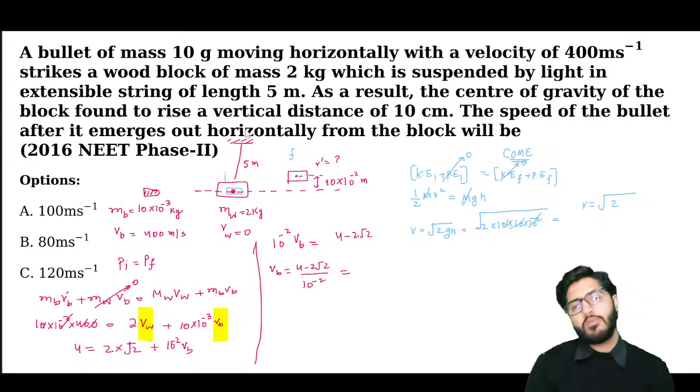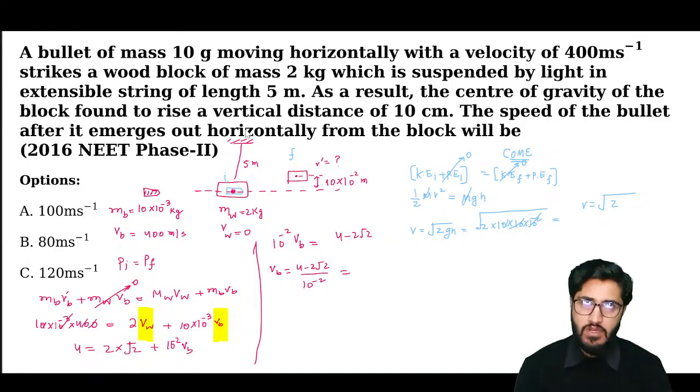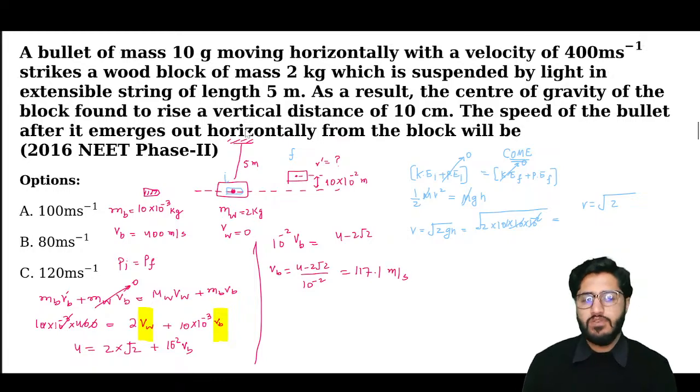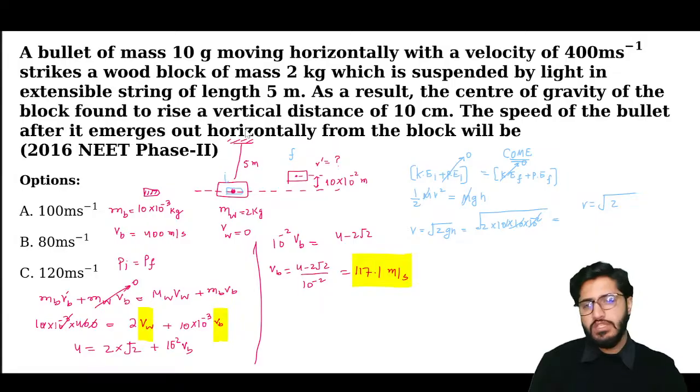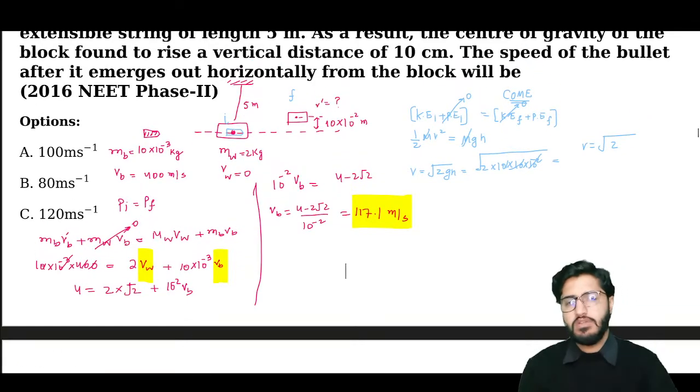So it is 4 minus 2 into 1.7, that is 3.4. It will be 117 point something meter per second. Is there any option? The near one is 120, so I can just put 120.